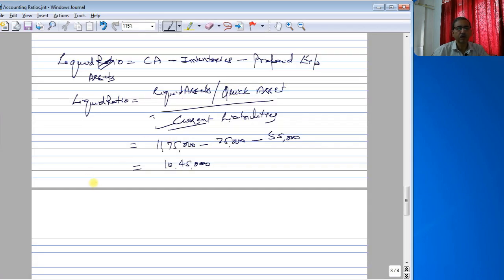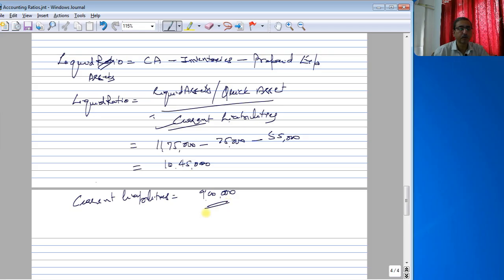These current liabilities we calculated in our question are 9 lakh.